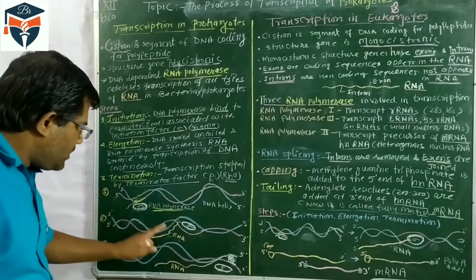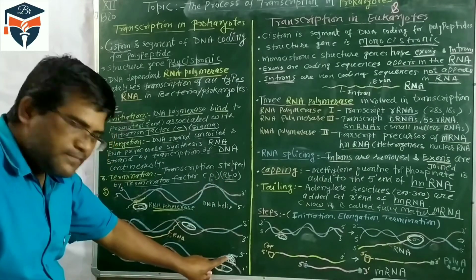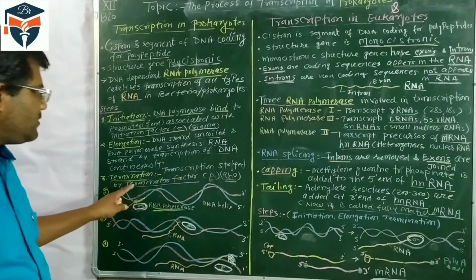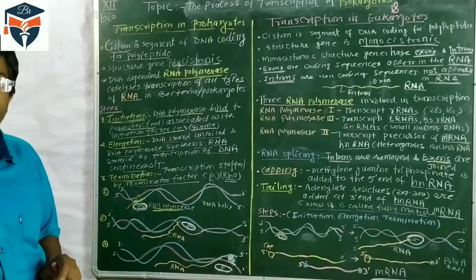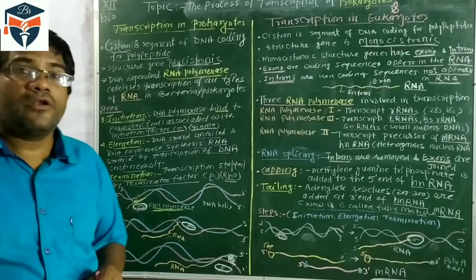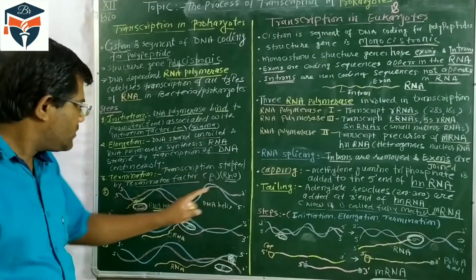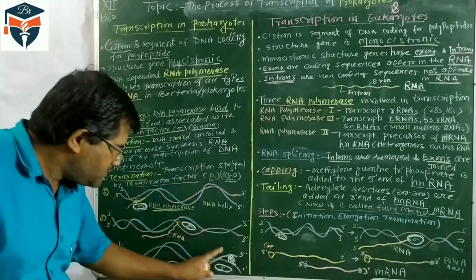So when the RNA polymerase comes to the site where the terminator factor is, here you will see some nonsense codon also comes. So that nonsense codon along with the terminator factor comes to the site.